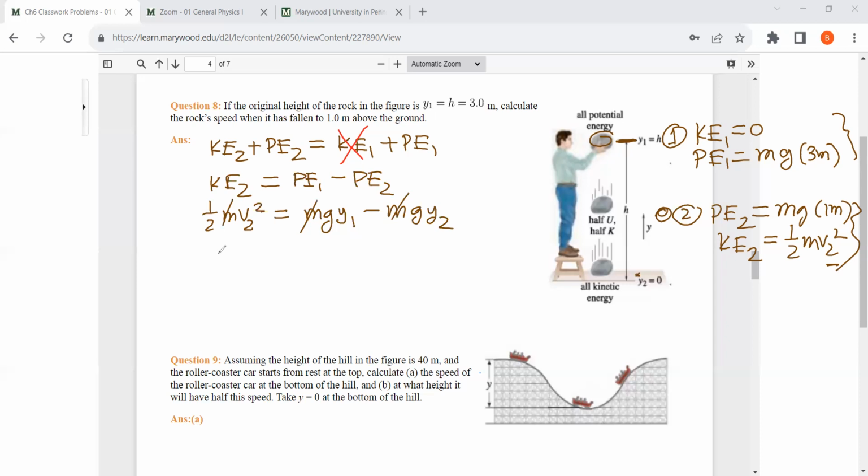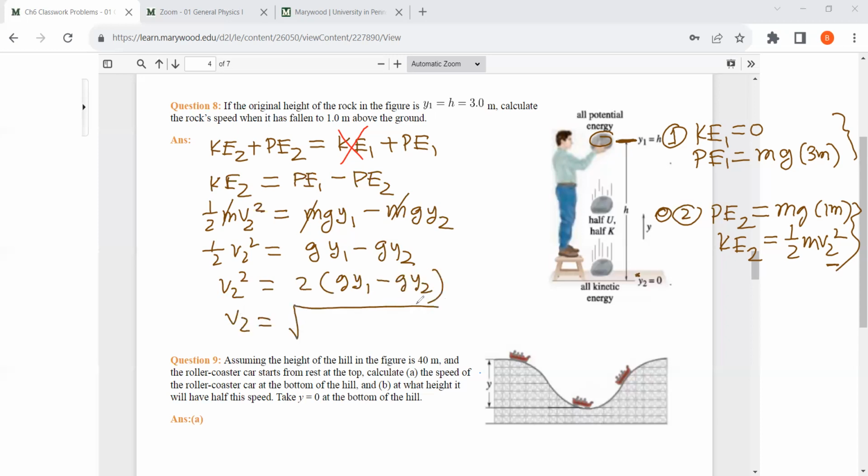So what we have here is half v2 square equals g(y1 minus y2). Then v2 square equals 2 times that, or v2 is basically the square root of this.